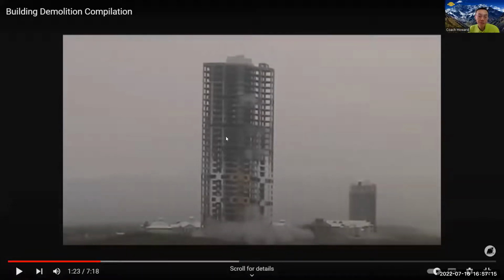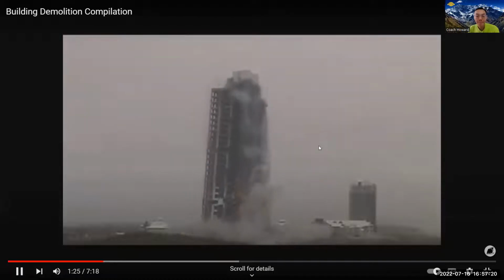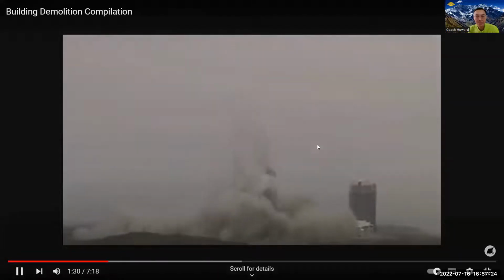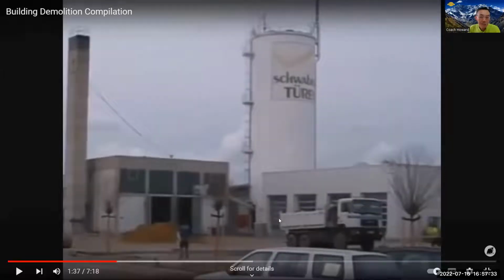So once the foundation falls, the top will crumple down. This one, instead of explosive, they use manual power. There's a metal chain being fastened to this truck here. The truck is going to pull this chimney to destabilize it, and then you will see it fall.